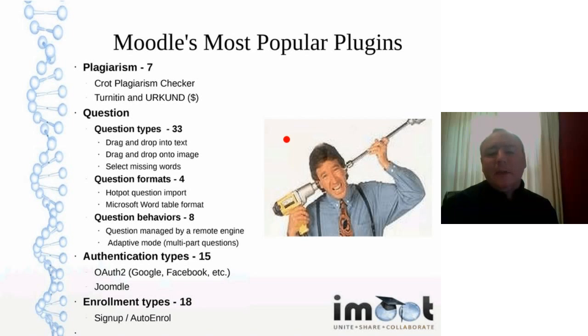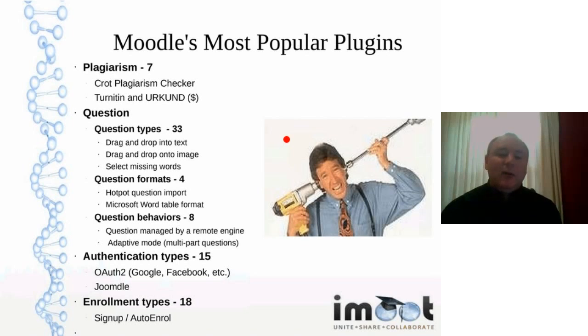Question formats have to do with how to get information in and out, importing and exporting questions into Moodle. In core, the most common one I've used is GIFT. It allows you to write a text file and then import that file into Moodle, and it'll create the questions for you based on that.